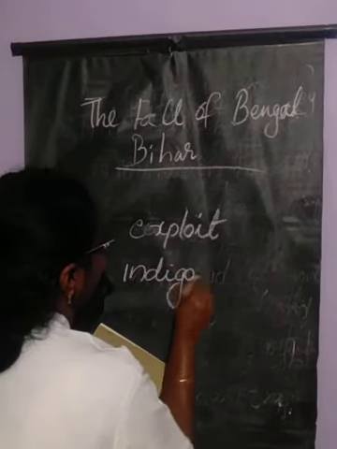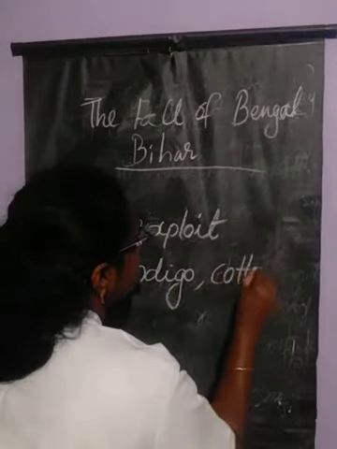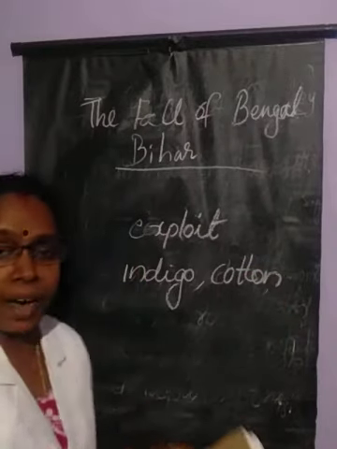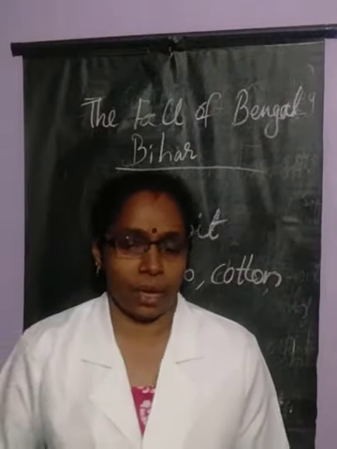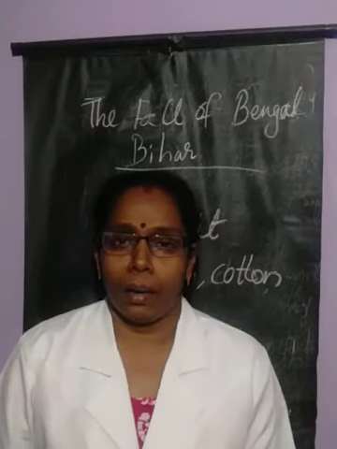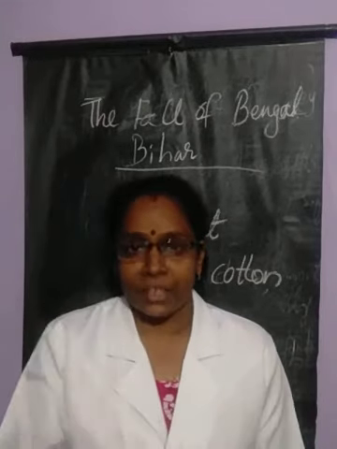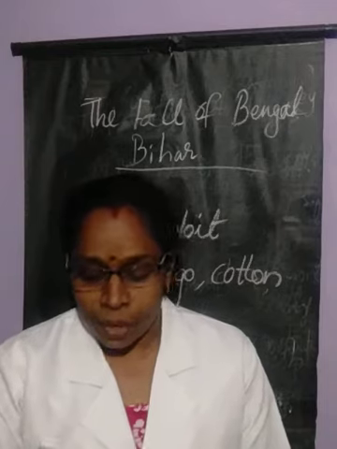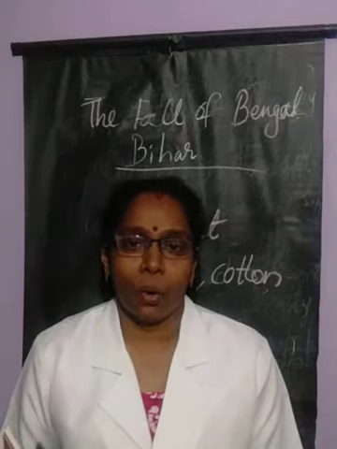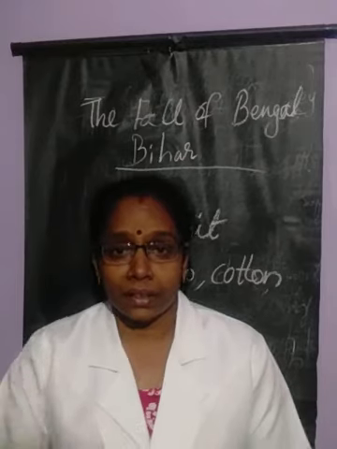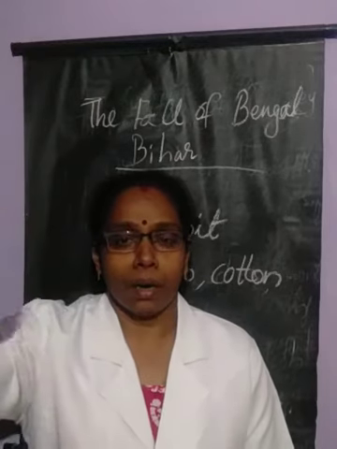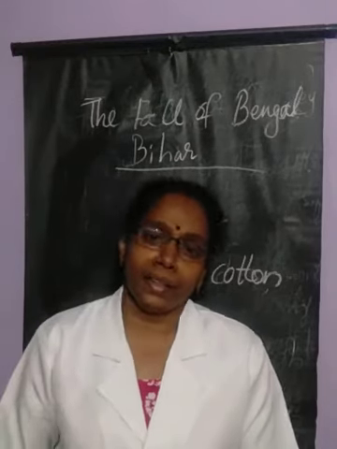Indigo and cotton, British people collected from India as a raw material for their business. Okay, for their industries. They collected cotton and indigo as raw materials. What's the raw materials? The things used to make another product.